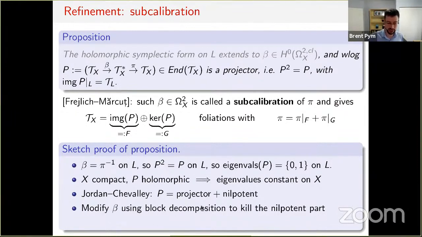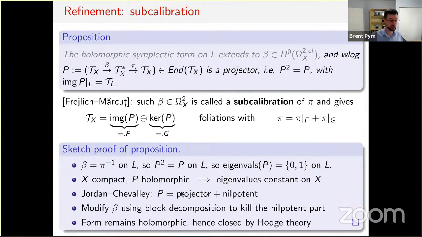So you use the block decomposition, you kill off the nilpotent part, and in that way you arrive at the projector. And the only thing left to observe is that throughout this process, everything in sight remains holomorphic. And therefore, at the end of the day, you get a holomorphic 2-form on X, which has this projector property.